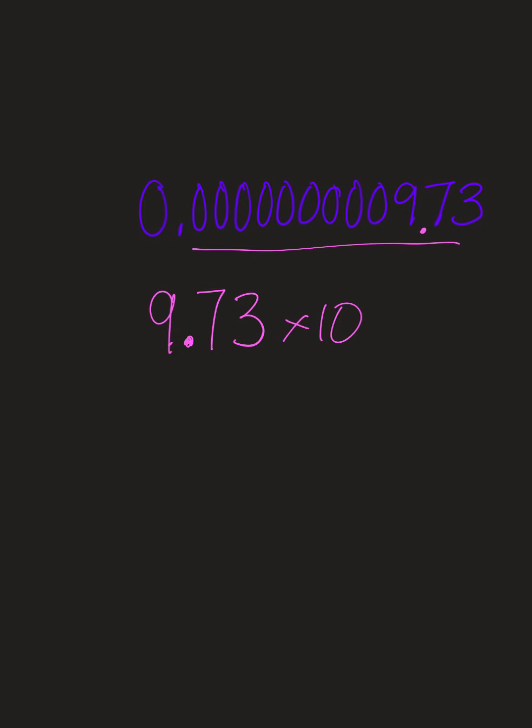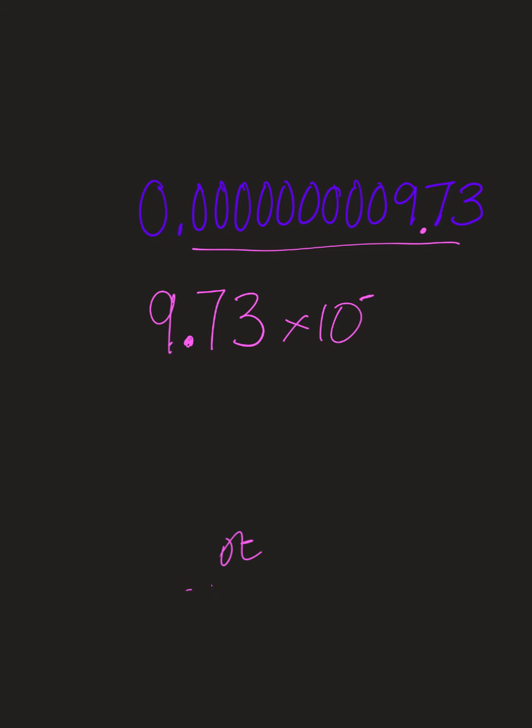Because this is a very small number, that tells me I'm going to have a negative exponent because I am moving it to the right when I am adjusting to scientific notation, okay? If you remember from our exponent lessons, a negative exponent means I have a fraction. So 1 over 9.73 times 10 to the power of something, I have a small number that's less than 1, okay?